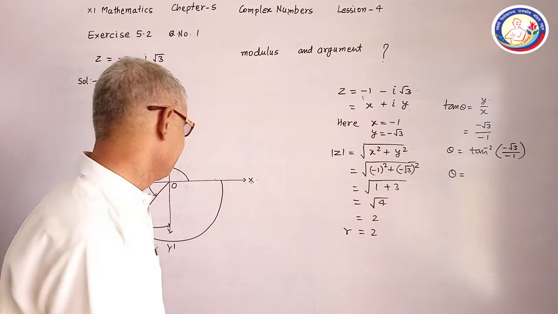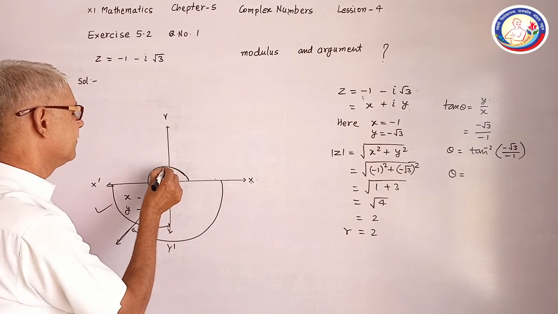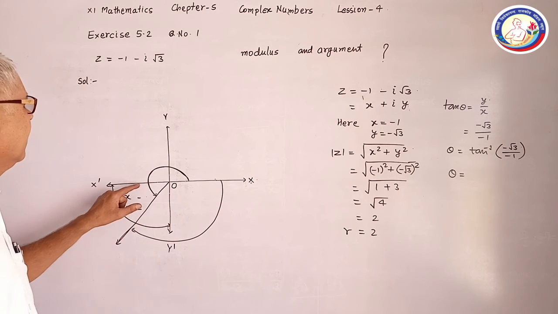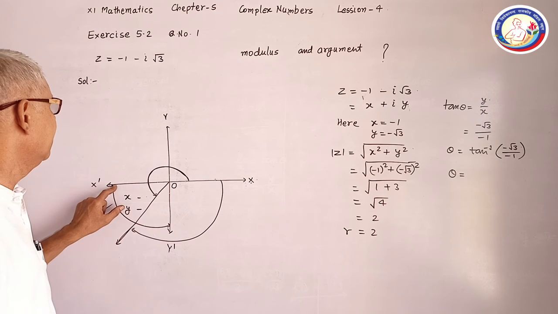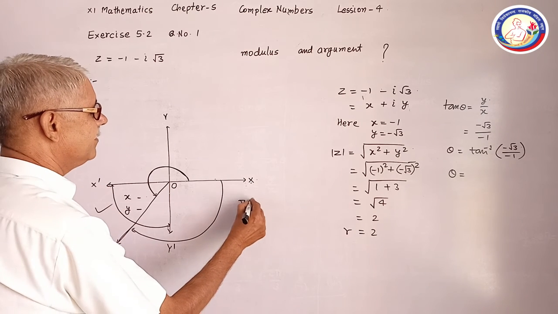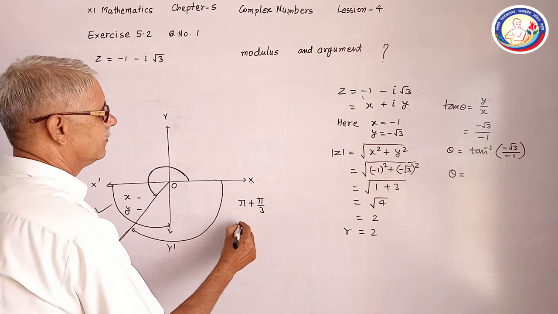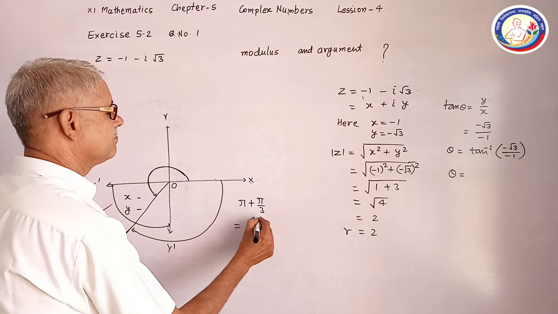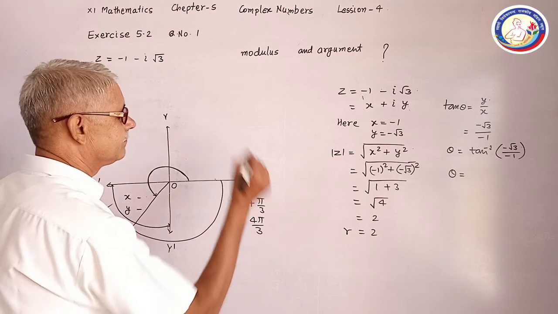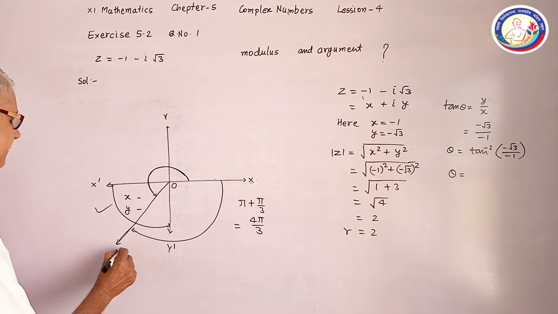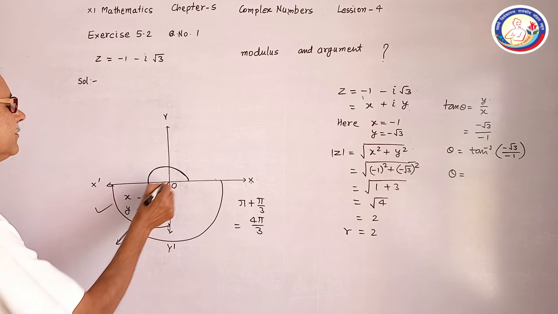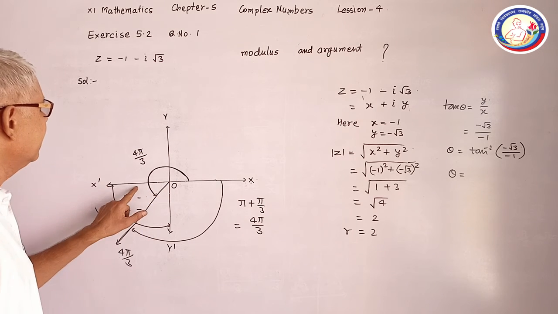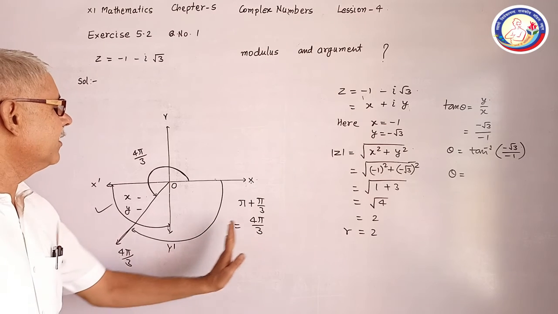So look here, this will be the angle 60 degree added to 180 degree. It means pi plus pi by 3, that is 4 pi by 3. It is greater than pi, so we change this into a negative angle.